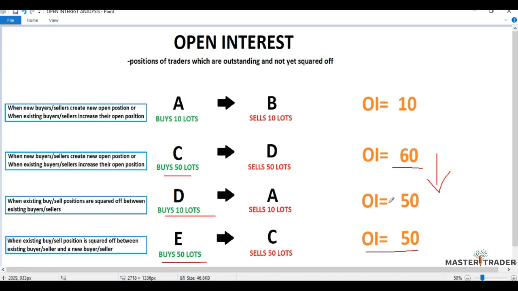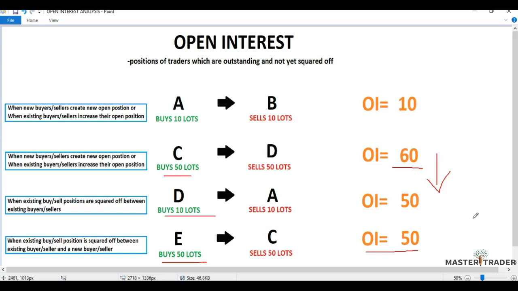The reason the open interest decreased by 10 earlier was because A was getting out of the market. A was simply selling his or her 10 lots which were there earlier. So A was exiting the market. And now here E has taken the place of C. Hence, there is no increase or decrease in the open interest.